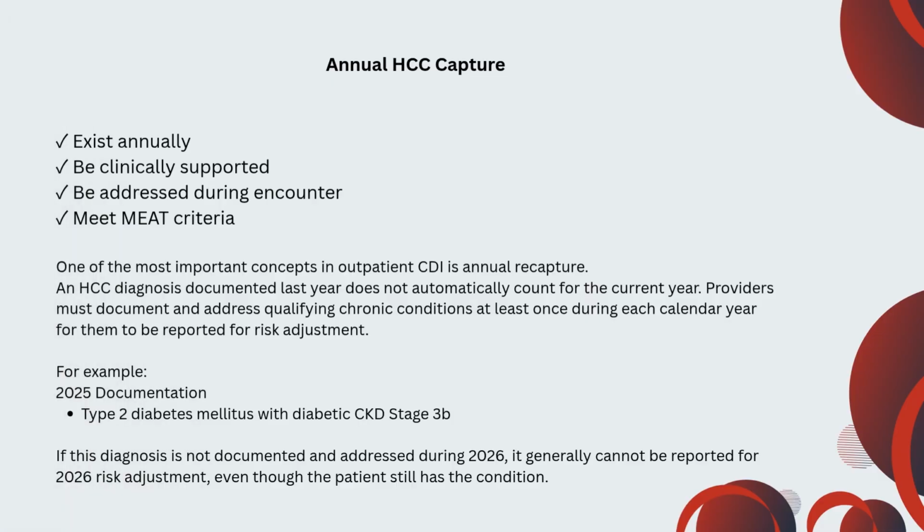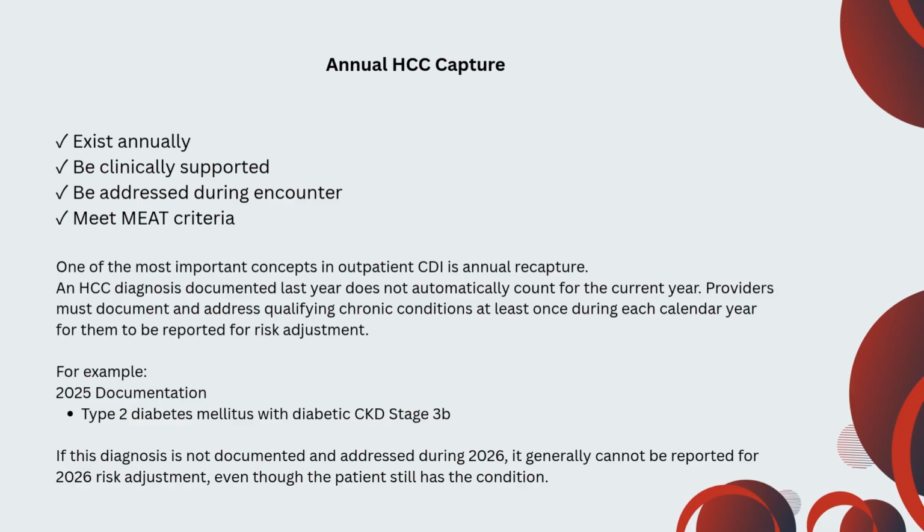Annual HCC capture. HCCs exist annually, must be clinically supported, be addressed during the encounter, and meet criteria. One of the most important concepts in outpatient CDI is annual recapture. An HCC diagnosis documented last year does not automatically count for the current year.